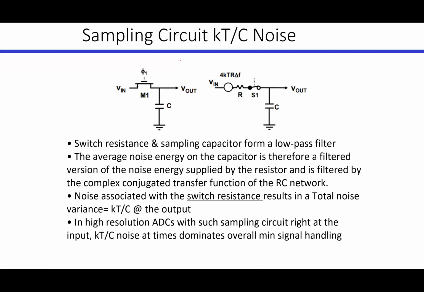So the first to start with is the sampling circuit, basically the noise of this circuit. Now this switch is again implemented with a MOSFET transistor. Let's say in the simplest case it is an NMOS, and it has an on resistance, and this on resistance will have a noise on it, a thermal noise.